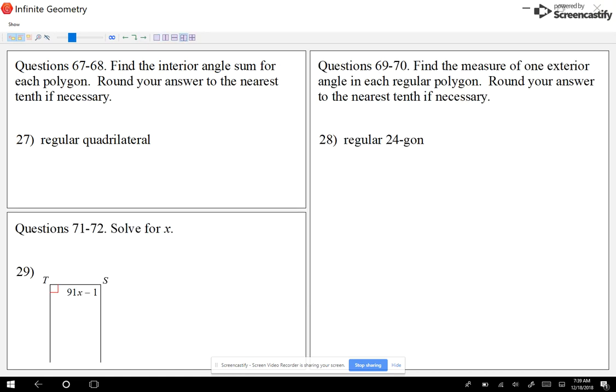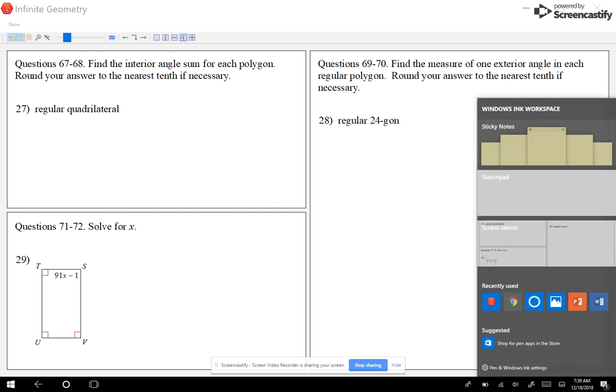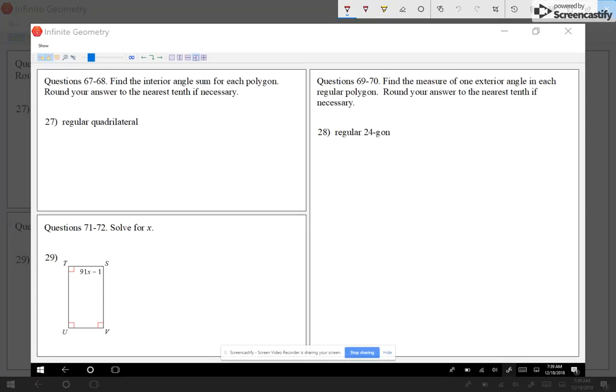For the next, let me take a look at three questions at once. Number 27, find the interior angle sum for each polygon. Round your answer to the nearest tenth if necessary. I remember for the angles on the inside, I gave you guys a formula: n minus 2 times 180. N is how many sides we have.